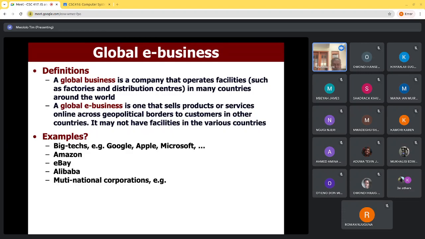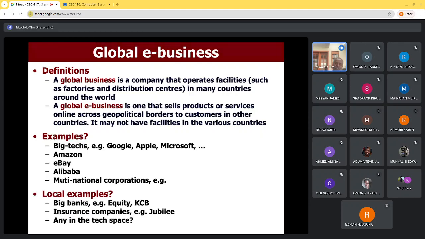Multinational, not multi. Multinational corporations are companies that operate across different nations, whether it's a bank or a manufacturing organization and so on, beyond the technology-based organizations. So there are very many examples.